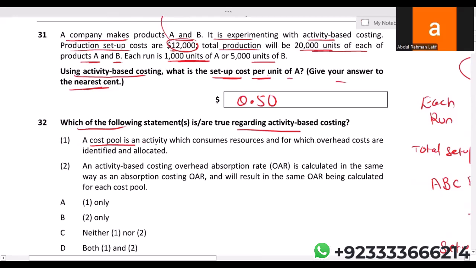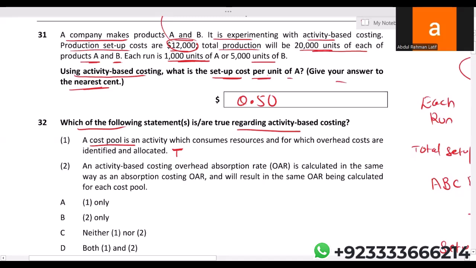Now come here. A cost pool is an activity which consumes resources and for which overheads are identified and allocated. True. Look at question number 31. Setup cost is $12,000. So logically, this $12,000 cost is incurred due to 24 setups.